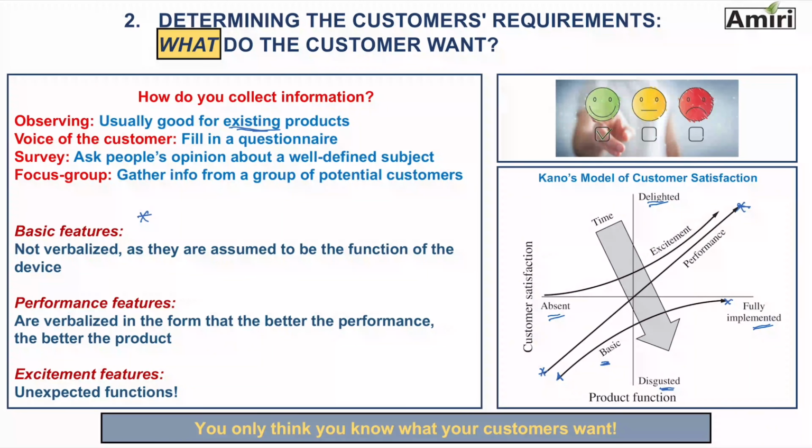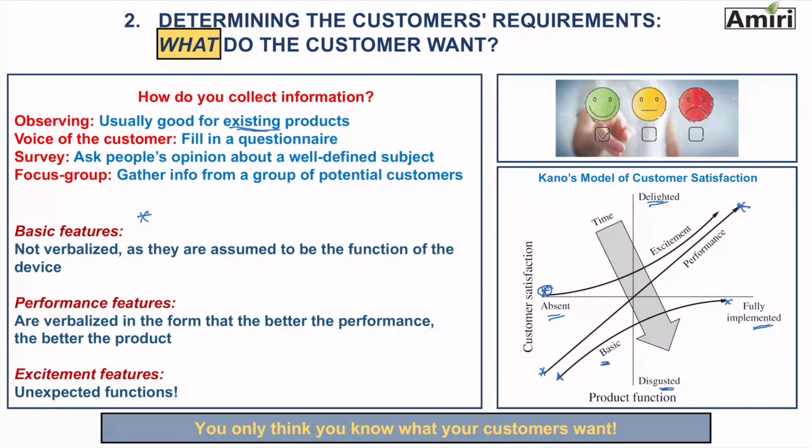That's something the customer maybe wasn't expecting, but it makes them excited about this product. Again, absence of it, because the customer doesn't expect it, they don't know about it, they're at a neutral stand. But as those are more implemented, the customer moves towards delighted status on that excitement graph.